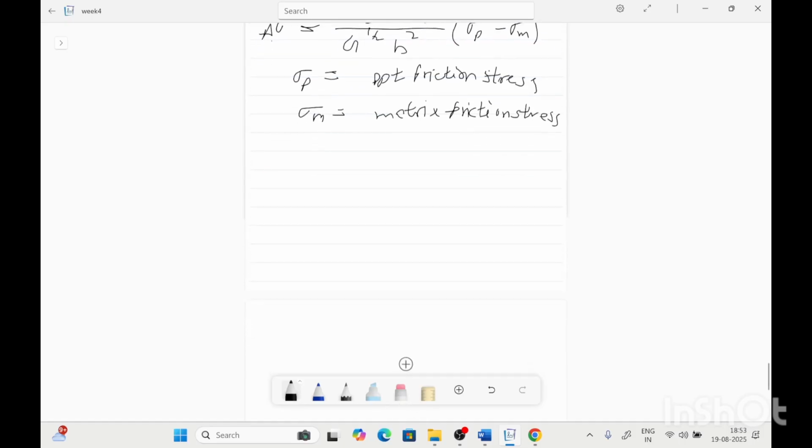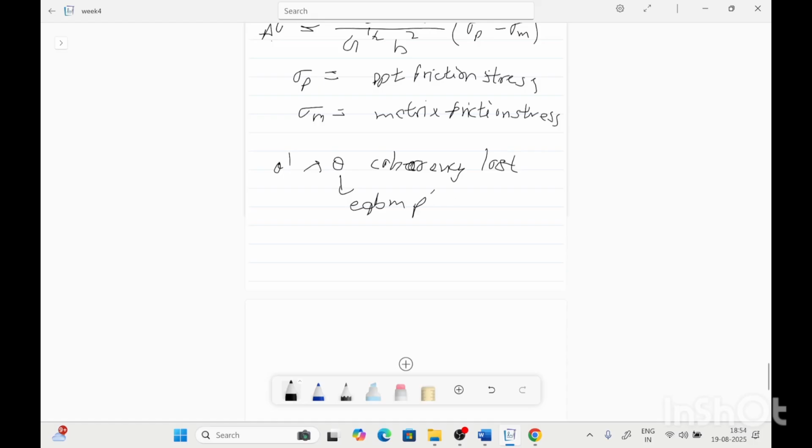This is only up to the theta prime precipitate where the coherency strain exists. If the theta prime changes to theta, the coherency will be lost. And theta is known as the equilibrium phase.